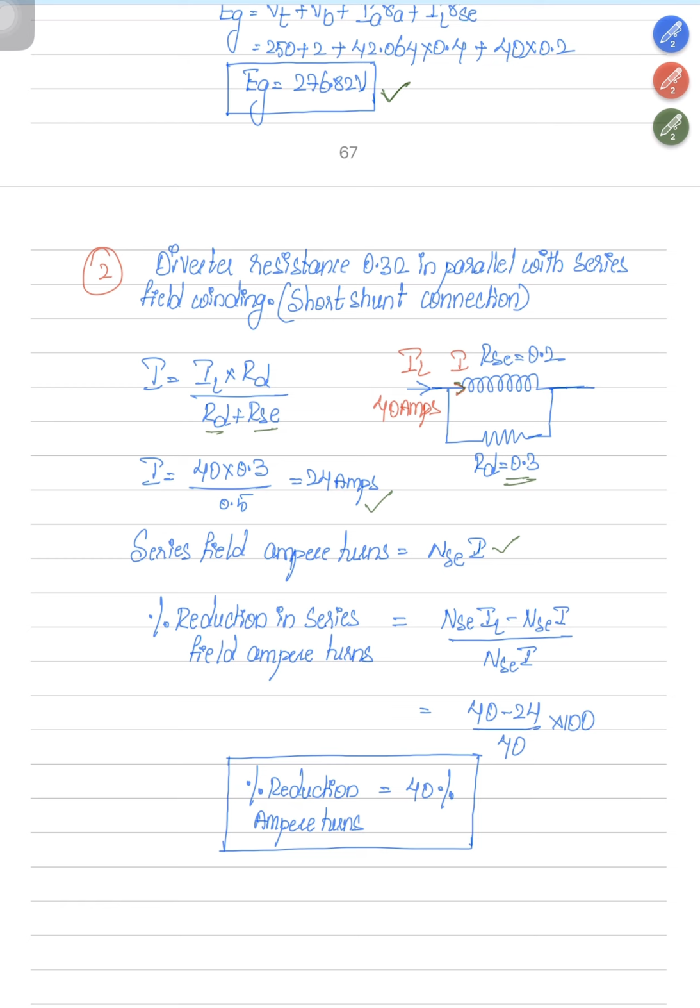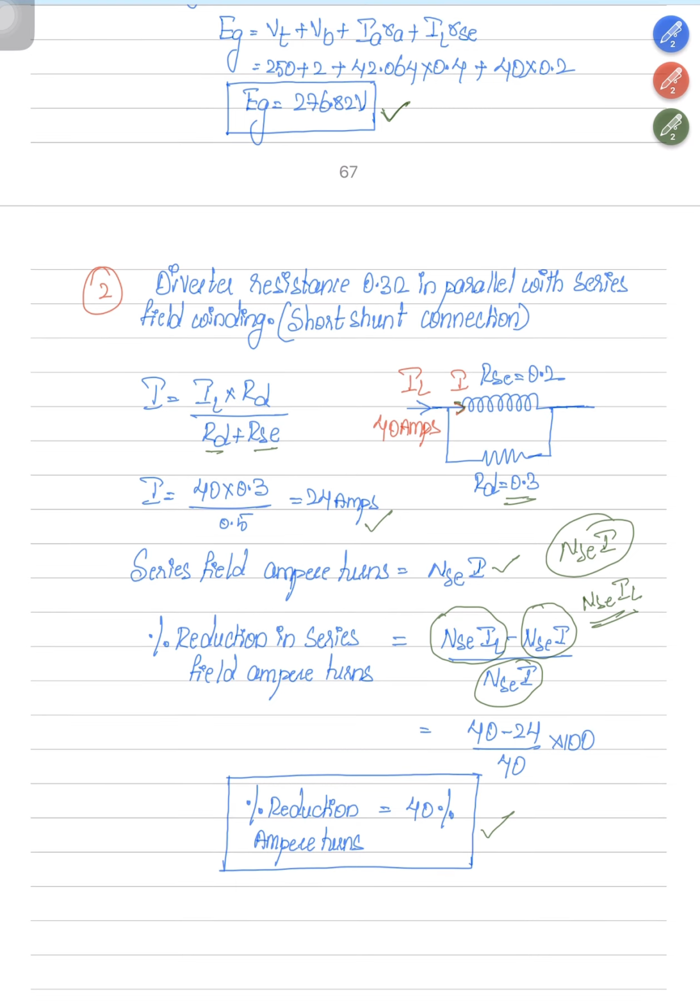In the second case, after adding the diverter resistance, the series field winding ampere turns is NSC into I. Before, without the diverter resistance, it is NSC into IL. The percentage reduction formula is the before ampere turns minus the after ampere turns, divided by the before ampere turns. By using this formula, I found the percentage reduction in ampere turns is 40%. It means if you add a diverter resistance of 0.3 ohm, there will be a 40% reduction in ampere turns.